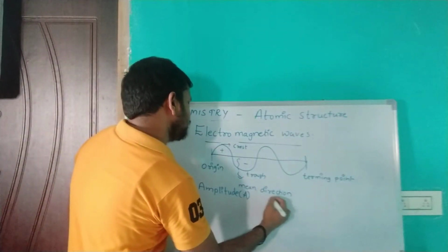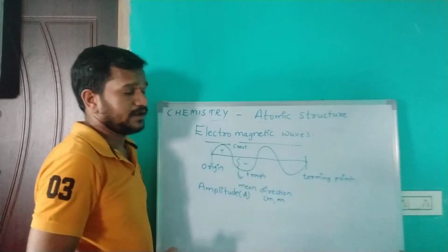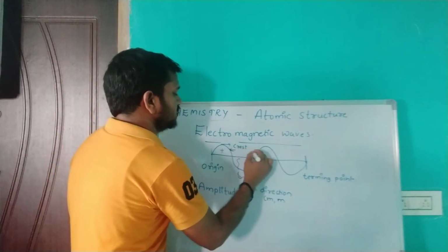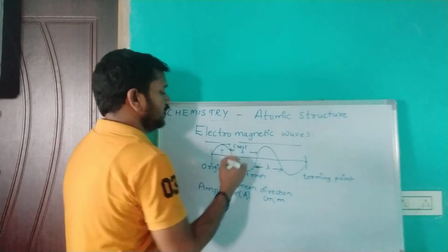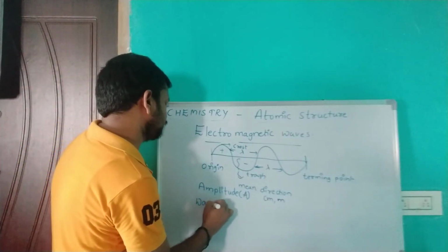Amplitude can be measured in the units centimeters or meters. If we measure the distance between two successive crests or two successive troughs, it is known as lambda, nothing but wavelength.